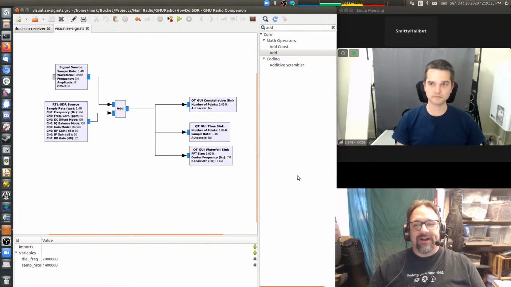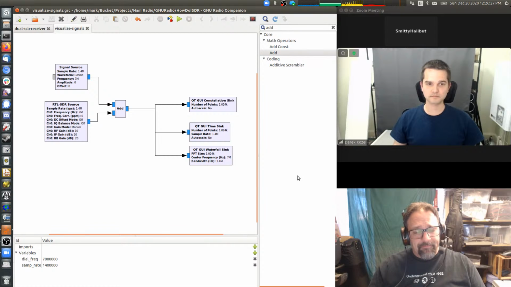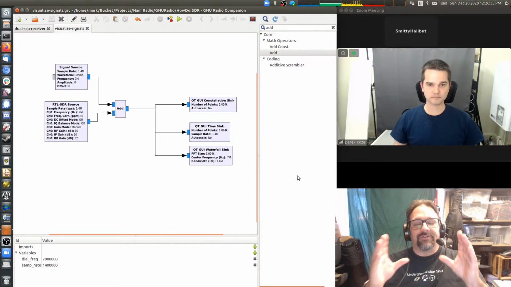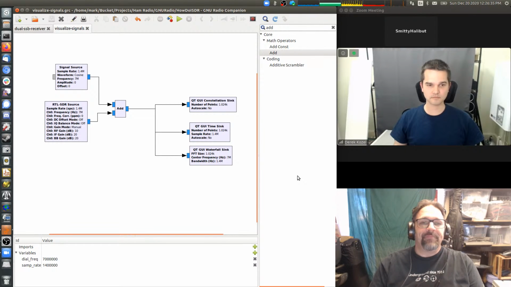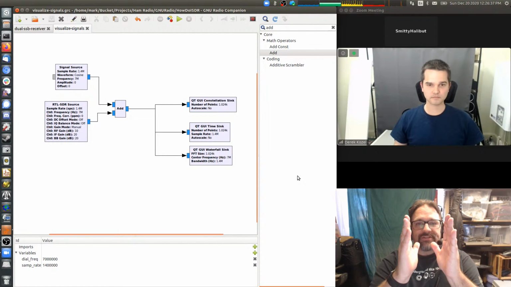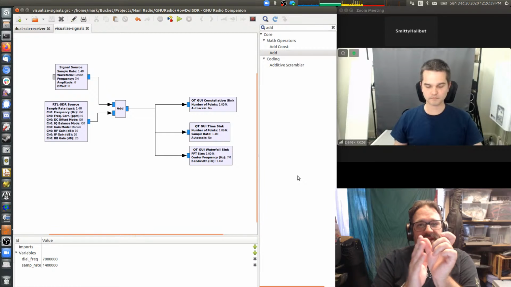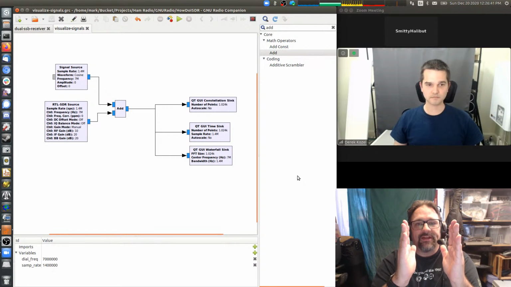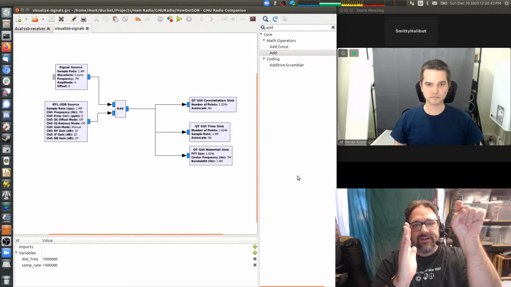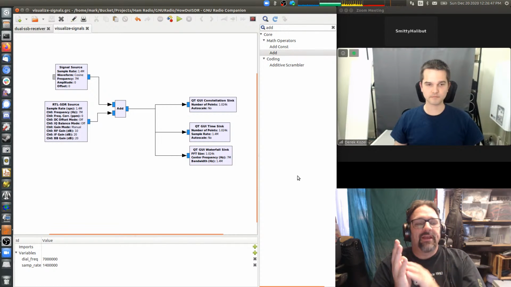And so without explaining what quadrature is, that's going to be a little bit hard. So again, I hate doing math, but we can at least kind of understand at a high level what's going on. Let's say you've got a sine wave and a cosine wave. They're off by 90 degrees, right? A quarter of a cycle. The cosine starts at the very top and goes down. The sine wave starts at 0 and goes up before going back down again, right?